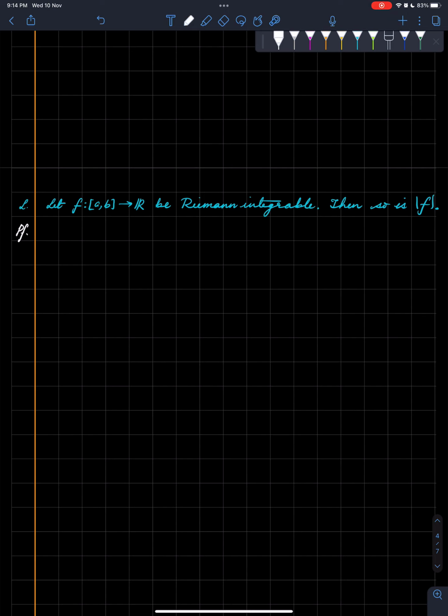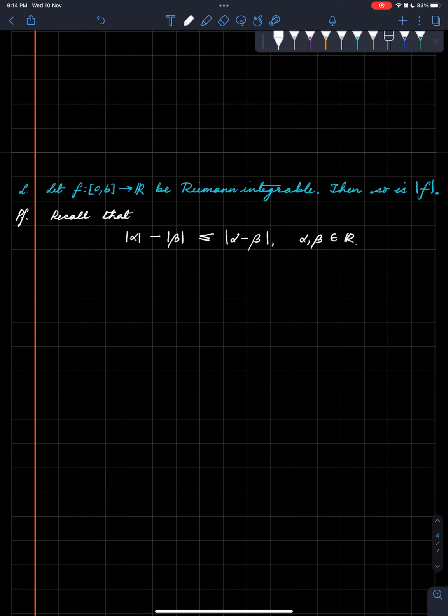So first note that something very general is that recall that the absolute value of alpha minus the absolute value of beta is less than or equal to the absolute value of the difference. This is for all real numbers alpha and beta. This is one way to state the triangle inequality. In fact, I can also put an absolute value here, but I don't think I need it. So we have that true for all real numbers.